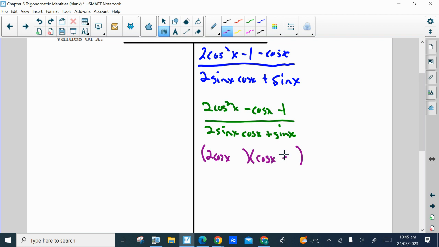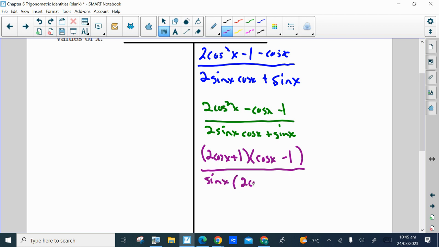which means that the -1 has to be with the cosine x, +1 would have to be with the 2 cosine x. When you multiply those out, the outer products will be -2 cosine x, the inner products +1 cos x. They become -1 cos x. And on the bottom, there is a common factor of sine x.